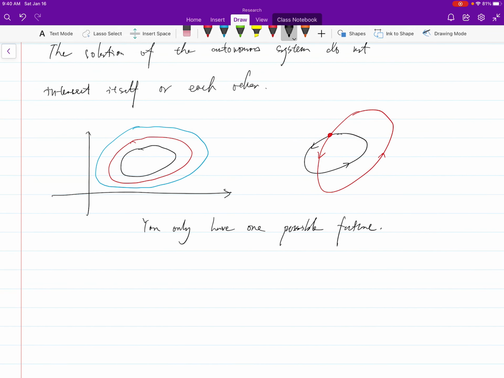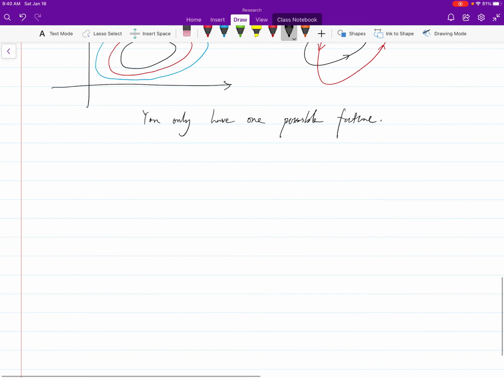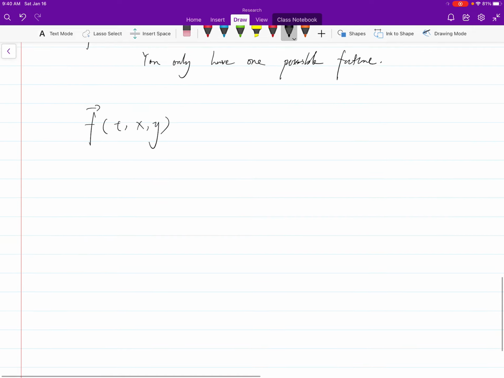That also tells you if you do not have an autonomous system, or if you do not have an ODE which satisfies the existence and uniqueness of solutions, you may have multiple solutions. That's where you have to deal with the whole thing with more caution. It's pretty easy to think about, actually. If you have the f vector, but this time it involves not only x and y, but also t.